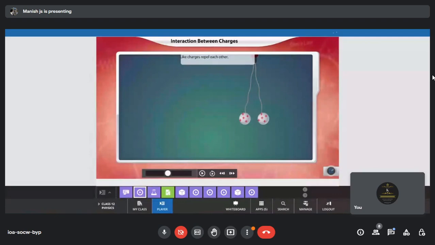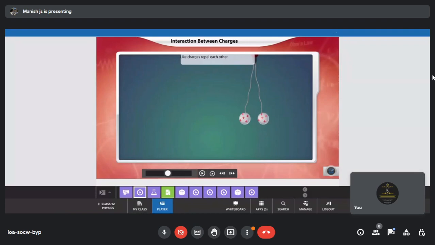The balls which are made up of metal, the conductors, so they are very good conductors of charges. சரிங்களா? So when you took the glass rod and touched them, what happened in this case? என்ன நடந்துச்சு? There was a transfer of charges.